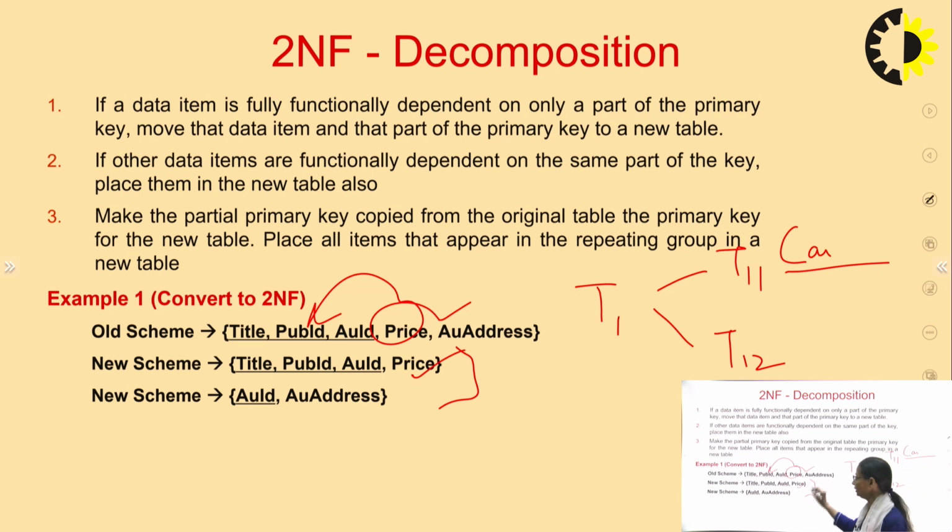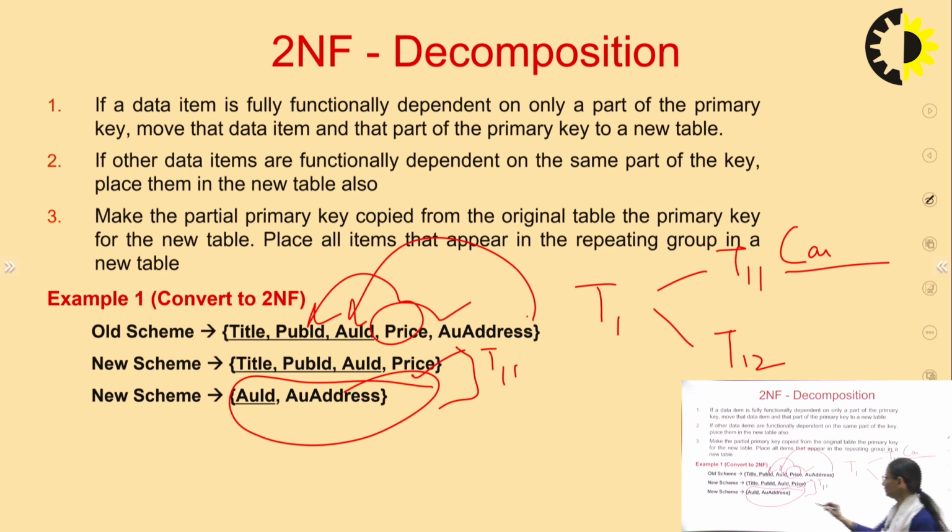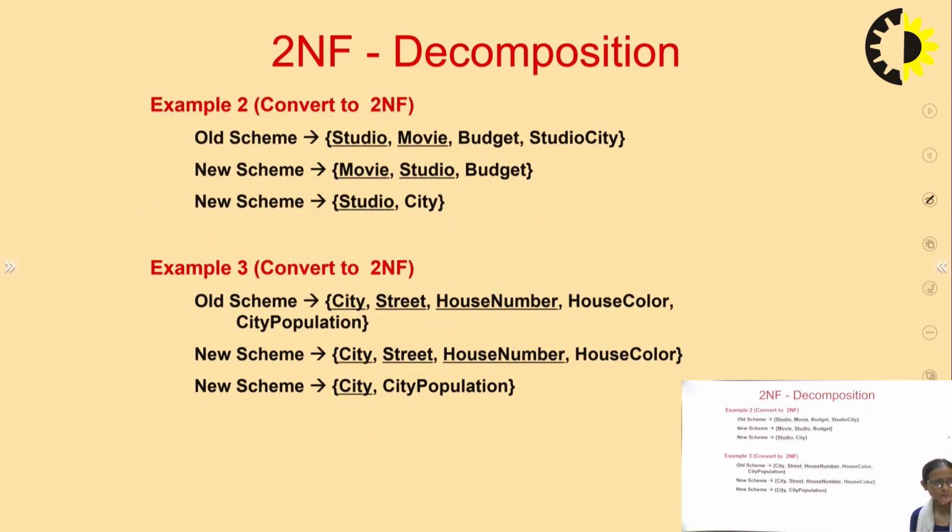Here we have schema 1, that is my table T11. Earlier we saw that the author address depends only on author ID, so we have moved this dependency to another table, T12. This is how you go with the decomposition part.